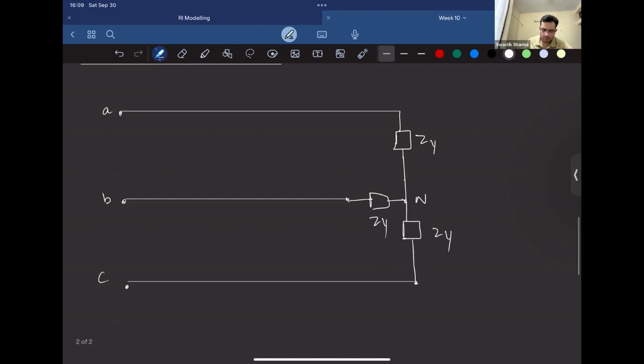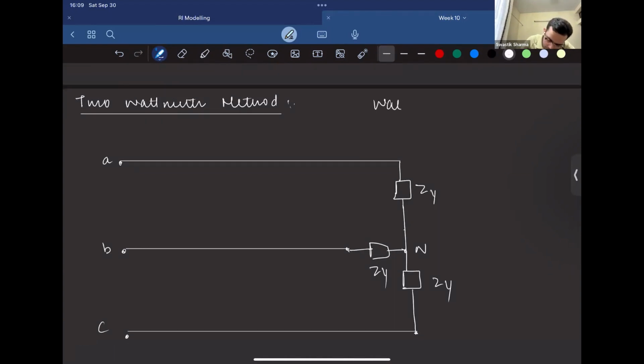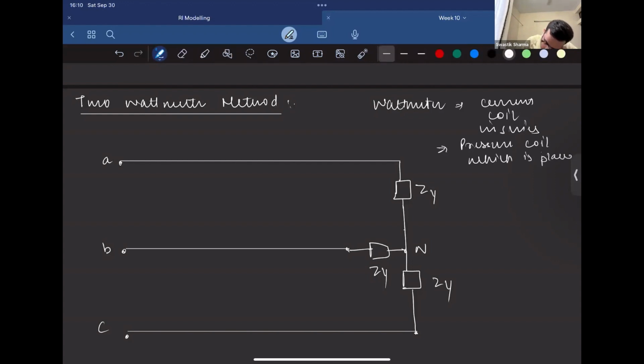So what does a wattmeter usually have? A wattmeter has a current coil, which is placed in series in a phase, and a pressure coil, which is placed between two phases.